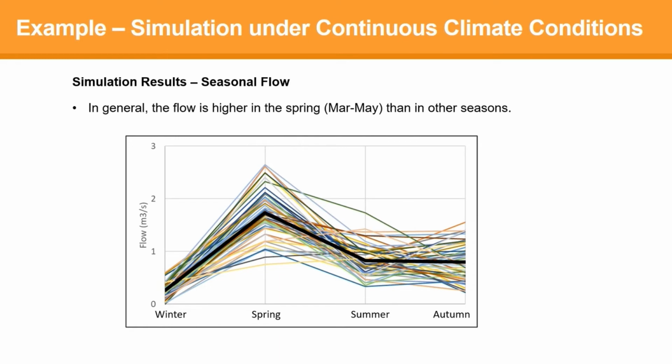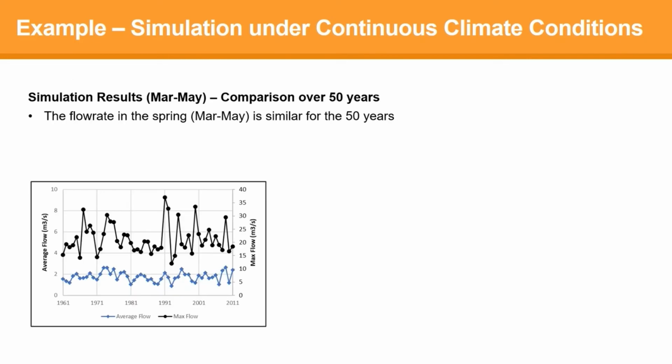Because in the springtime, only those north or northwest areas will have flooding, maybe severe. In our local area, we can see the flow rate is much higher in the springtime, when the snow starts to melt. So next, I focus on the springtime to see if there are any changes over those 50 years under long-term climate conditions.